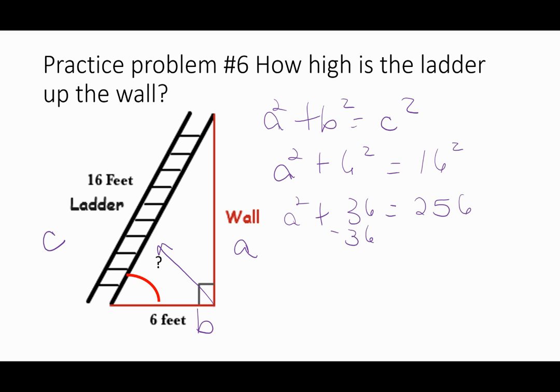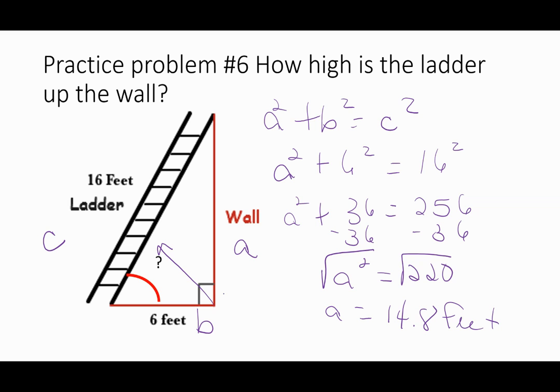Subtract 36 from both sides. A squared is equal to 220, and take the square root of both sides. You get that A is equal to 14.8, and our measurement is feet. So this length of the wall right here is 14.8 feet.